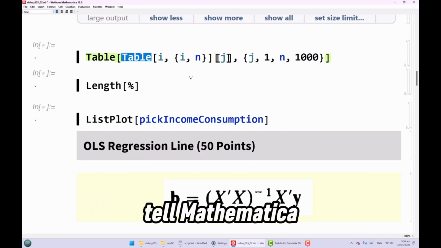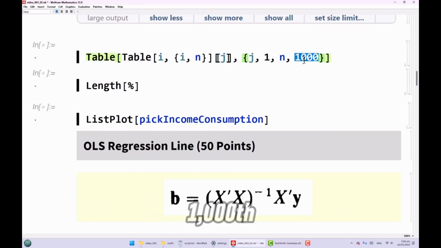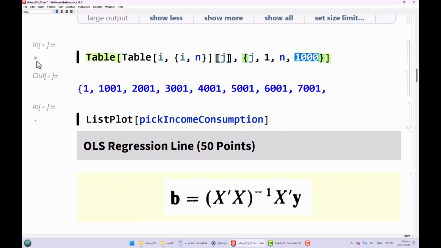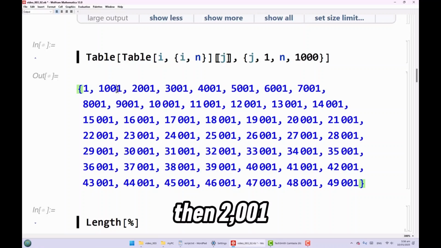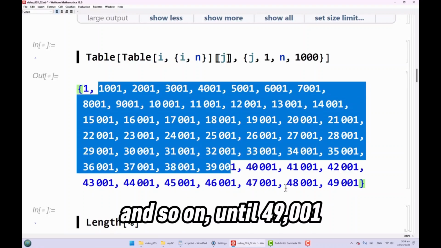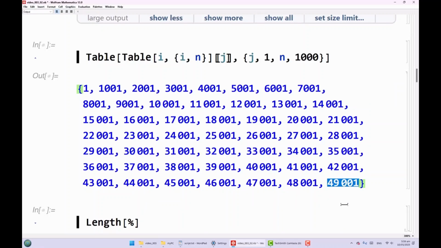Here we tell Mathematica to start with 1 and then pick every 1,000th. So it picks 1 and then 1,001th, then 2,001th. And so on until 49,001th.